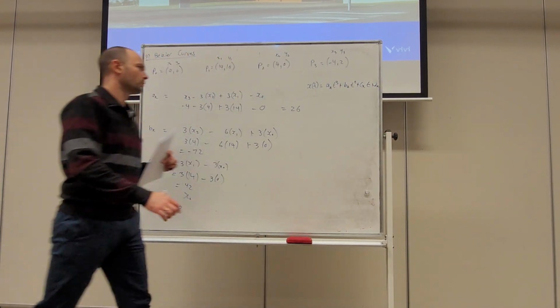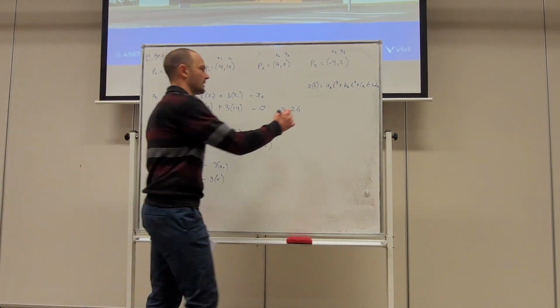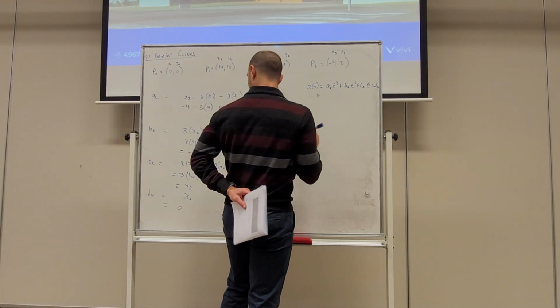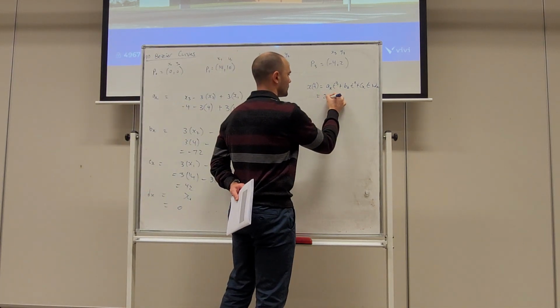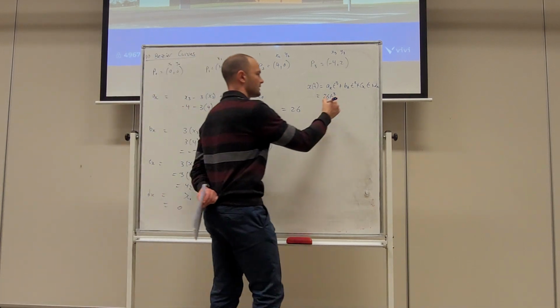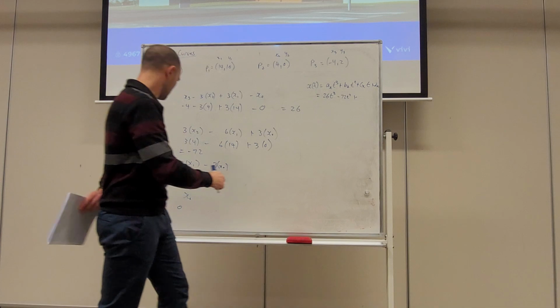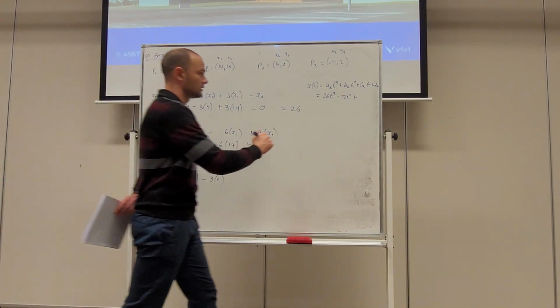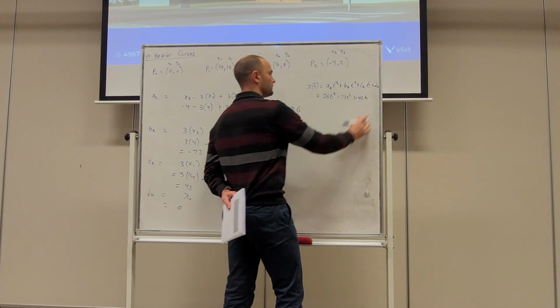So we've solved for a, b, c, and d. We're just going to plug those into the x of t equation. We'll have 26 t cubed, take 72 t squared, plus 42t, and then plus 0. So we don't need to write that one.